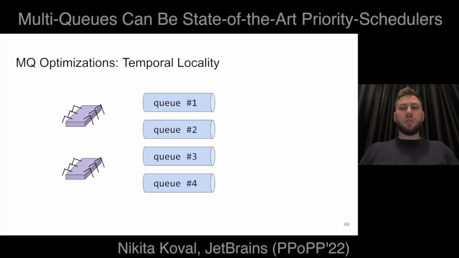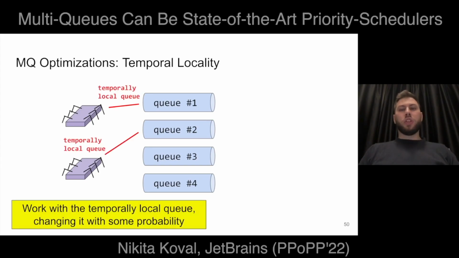Instead of task batching, we can use another optimization, which we call temporal locality. Let's assume we have two threads and four queues in the multi-queue. Let these threads choose a queue which serves as the temporarily local queue, so that all the requests, both insertions and deletions, proceed with this local queue, and this queue can be changed with some probability.